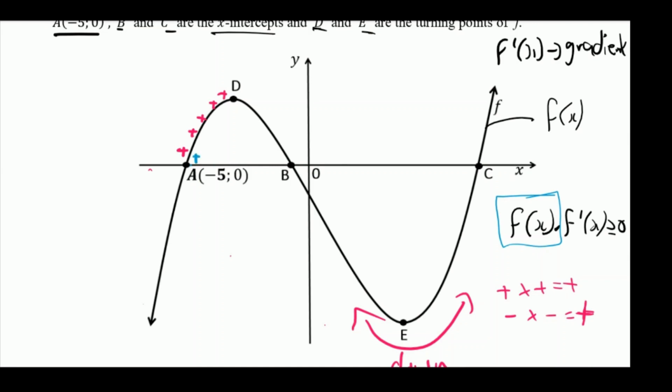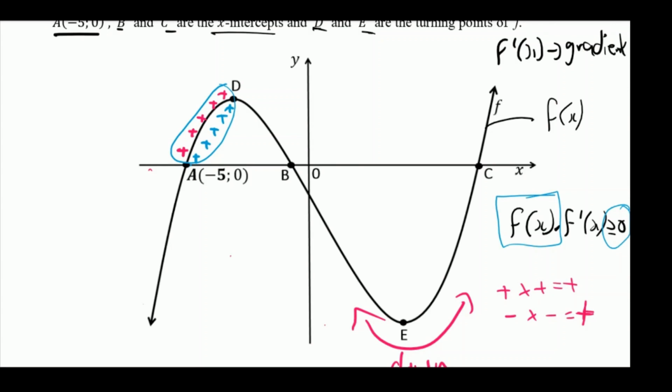The y values are positive up until this point here. So you can include this point, and say that when you multiply the positive with the positive, it gives you a positive solution, which is what we are looking for. So this is inclusive, it is part of our solution.